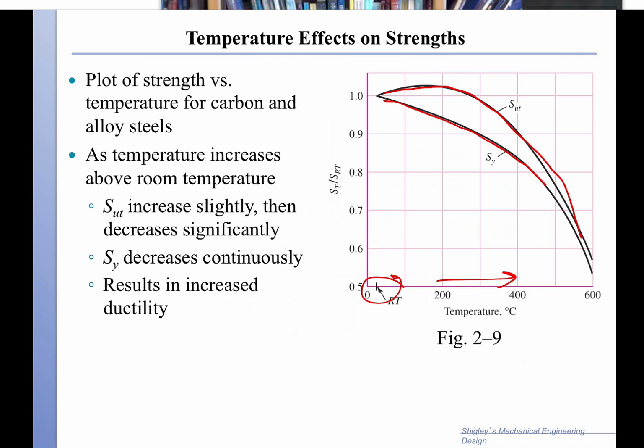So both they decrease. This is the ratio of the strength at temperature divided by the strength at room temperature. So ST is any one of them, either yield or ultimate, at temperature, and SRT is the same strength but measured at room temperature.